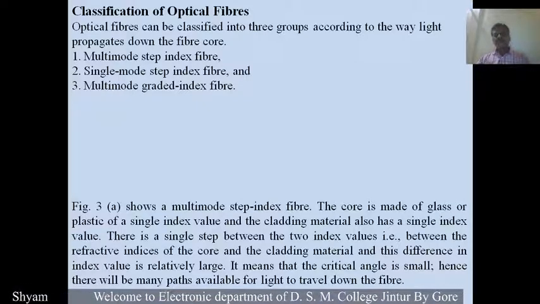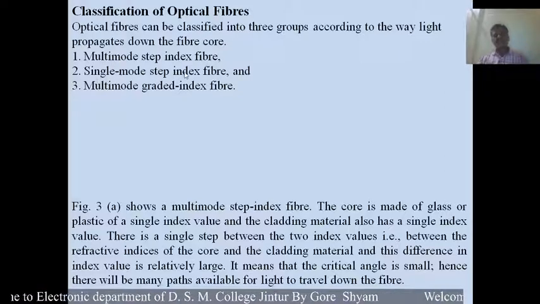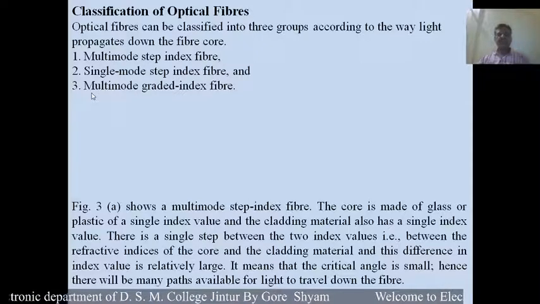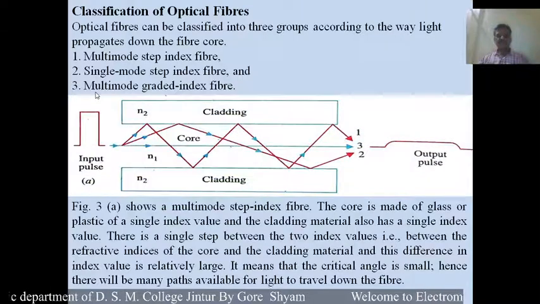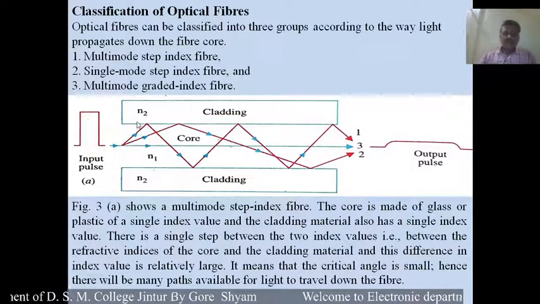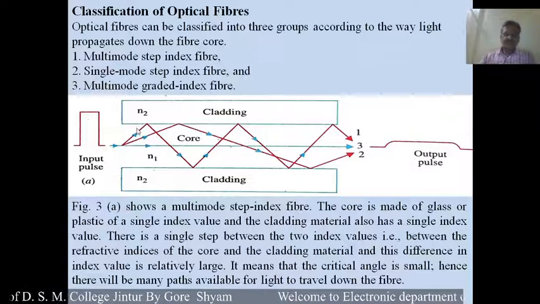The first one is the multimode step index fiber, the second one is the single mode step index fiber, and the third one is the multimode graded index fiber. And this is the multimode step index fiber.